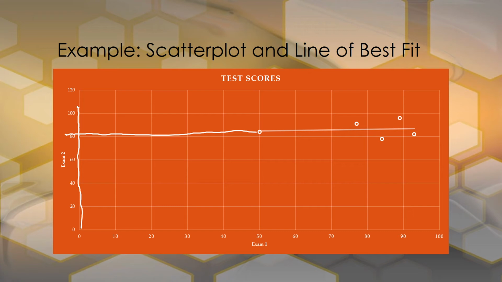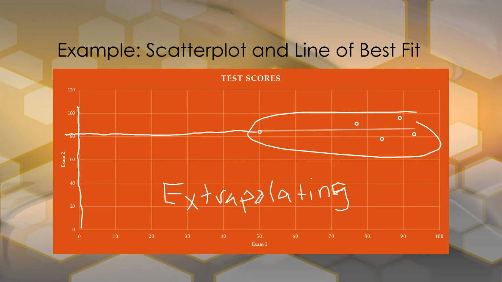And you can kind of see that I'm extrapolating. And what I mean by that is I extended the line past where we have data. So I only have data over here where we have scores of at least 50, and I extrapolated all the way to 0.